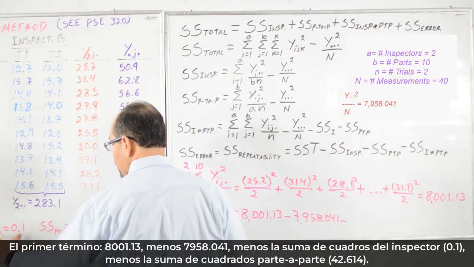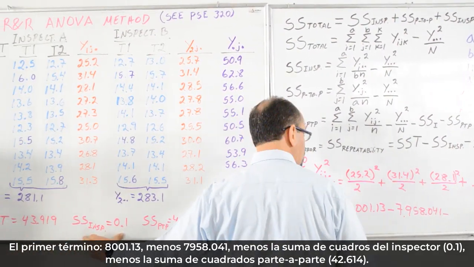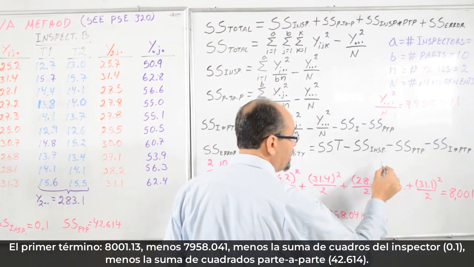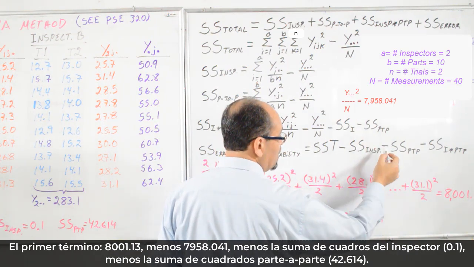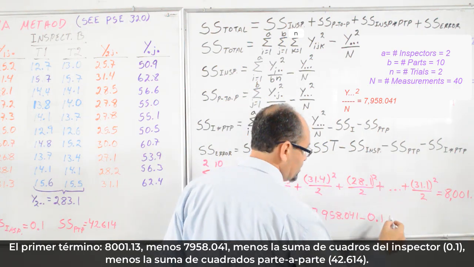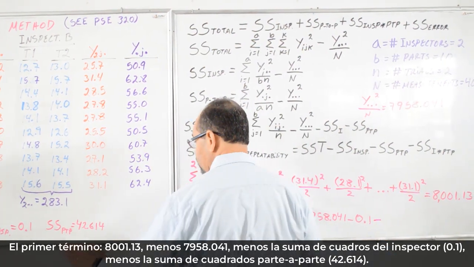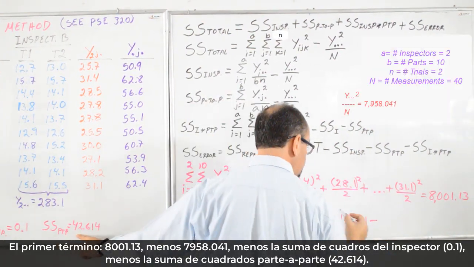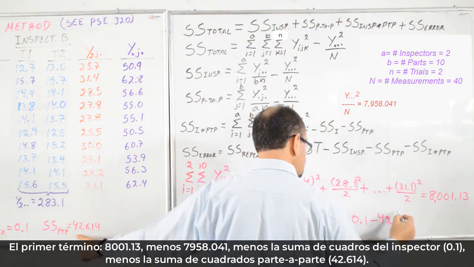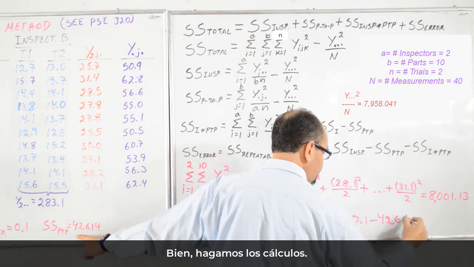And the sum of squares of the inspector is 0.1, minus the sum of squares part to part, which is 42.614.